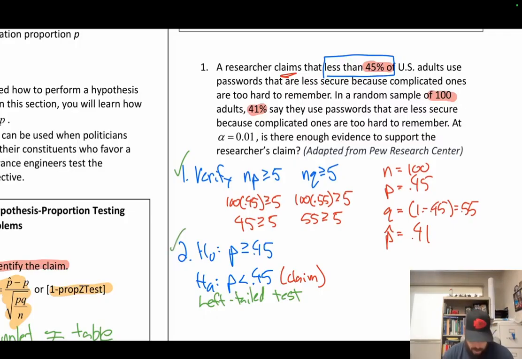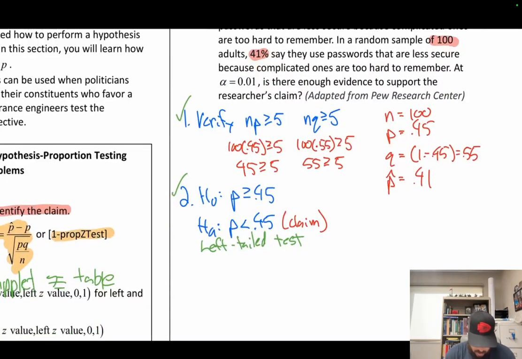All right, so now let's look at 3. That's going to be our formula over here. I'm going to find z: p hat minus p over the square root of pq over n.